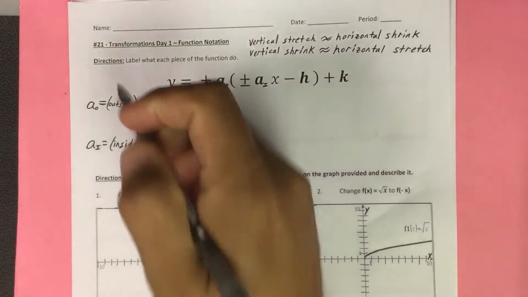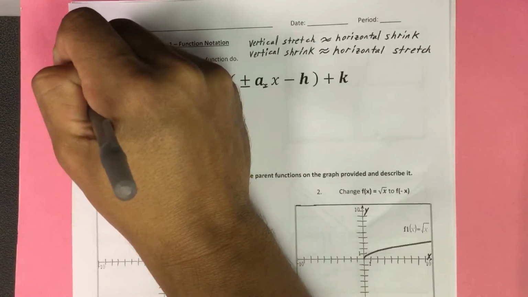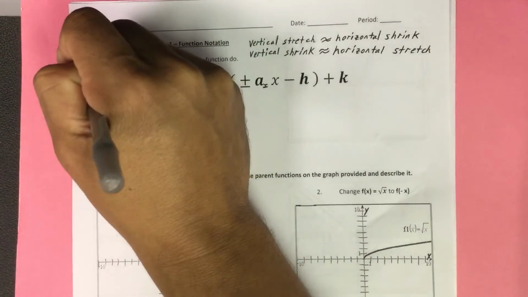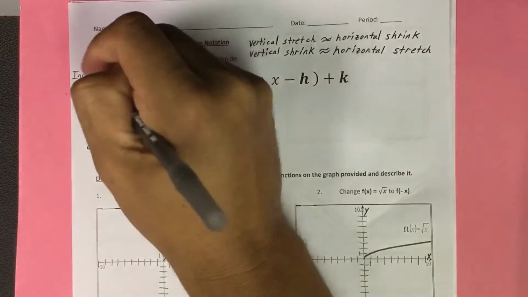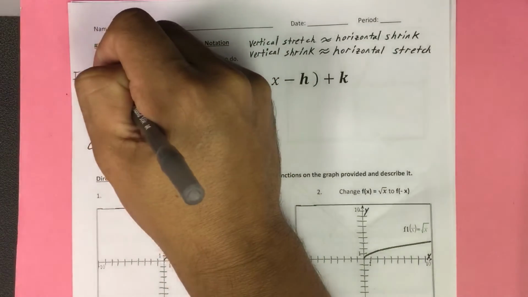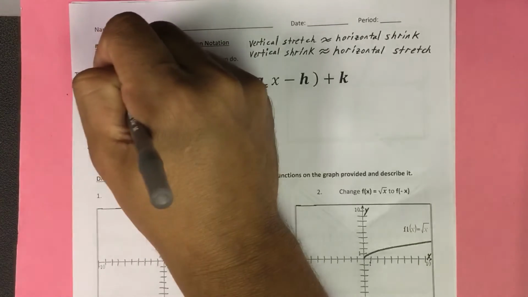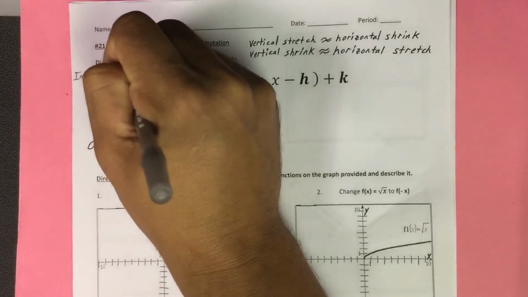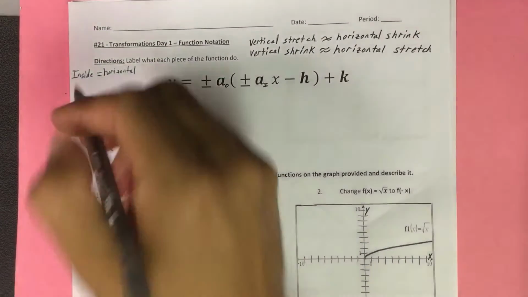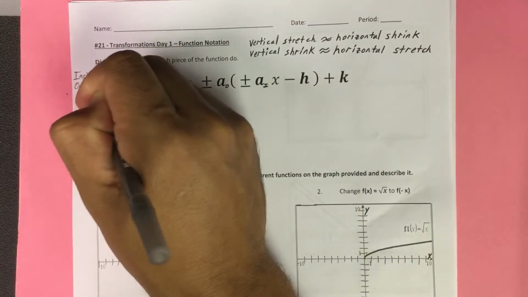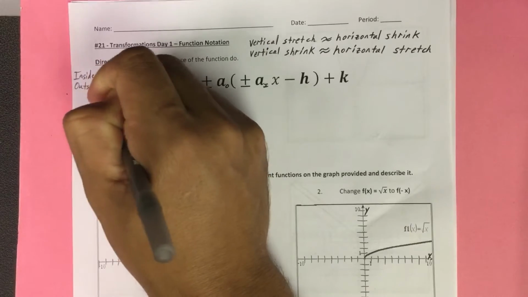Okay. Another thing we need to do is we say inside equals horizontal, and outside equals vertical.